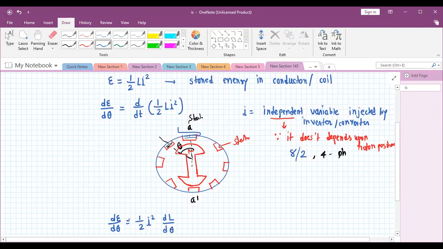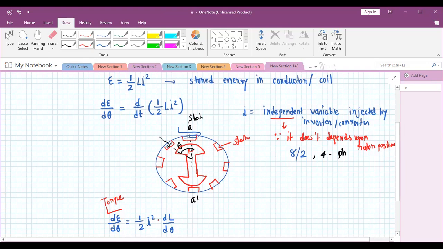So what is the torque? Torque is the differentiation of the energy with respect to the rotor position. That's why the torque is produced. As the position varies, the stored energy varies, and that is called torque. So this particular term represents torque.